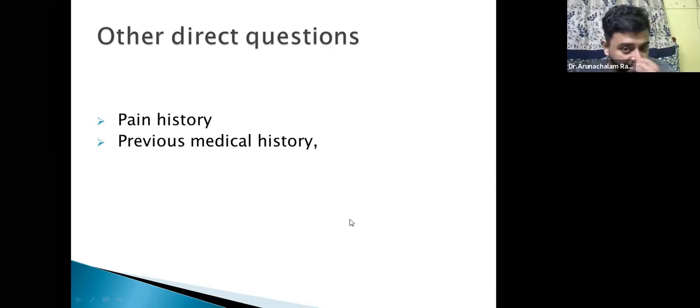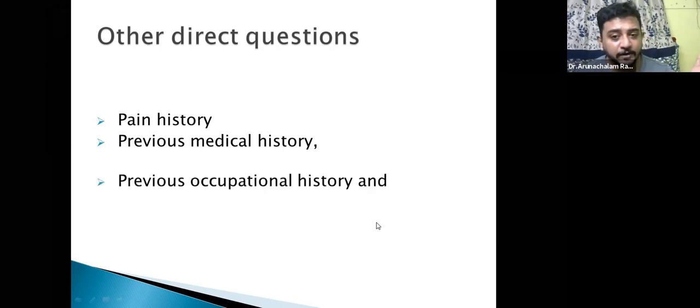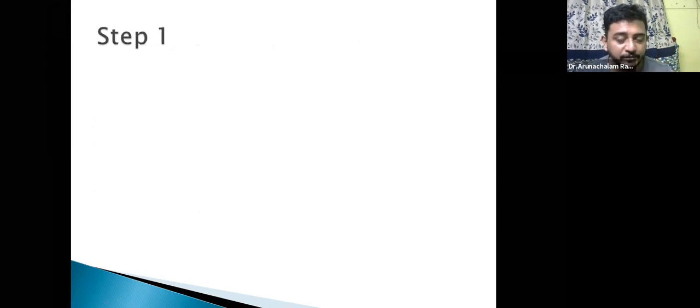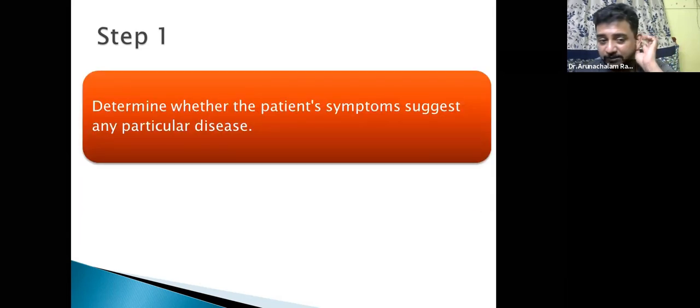When are you taking it? How long have you been taking it? These direct questions, you may think physiotherapists may not need these details and patients may not tell you. Previous occupational history is very essential because that will give you a clear idea about the problem of the patient. The family history will give you a clear idea about any genetic disorders, which we see in neuromuscular conditions.